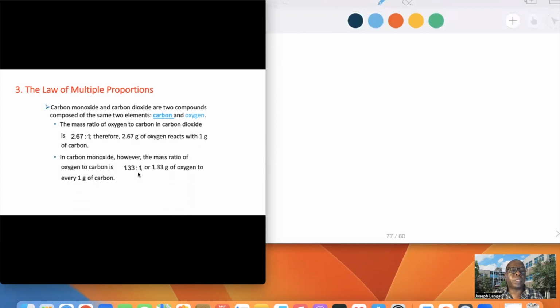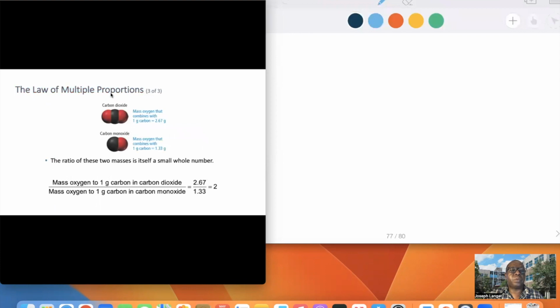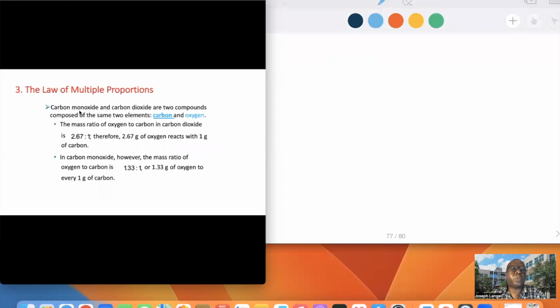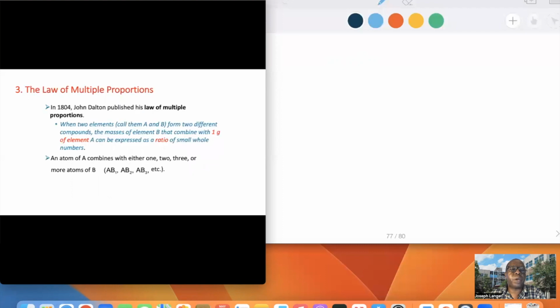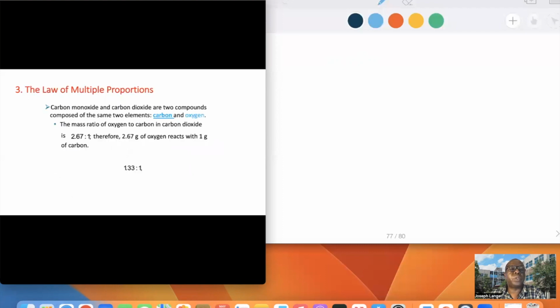If we look at the other sample, we take the ratio for carbon dioxide and carbon monoxide: the mass of oxygen to 1 gram of carbon in carbon dioxide, and the mass of oxygen to 1 gram of carbon in carbon monoxide. Take the two ratios, and we end up with a whole number ratio. This is the law of multiple proportion, and it's credited to John Dalton.